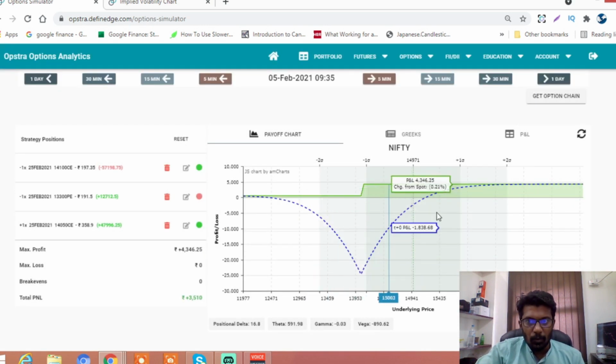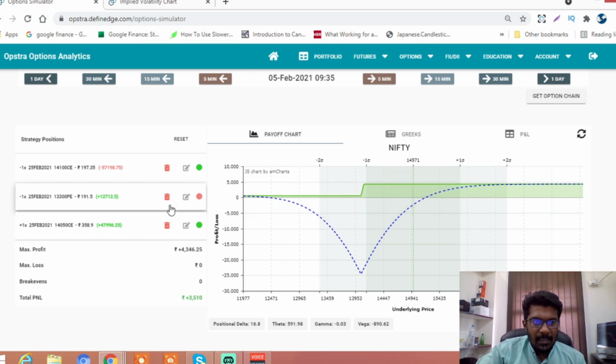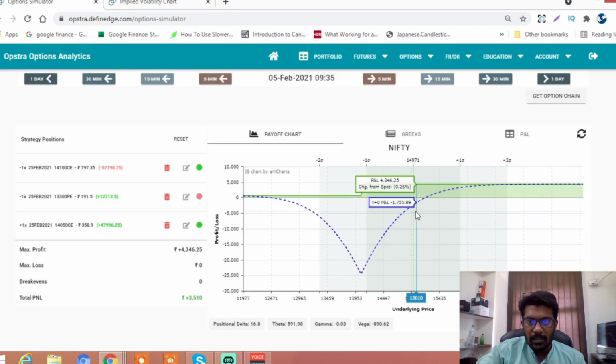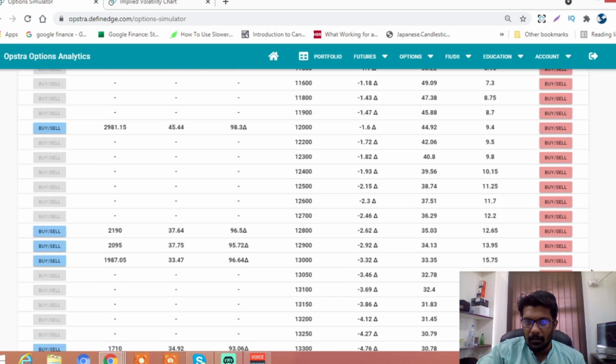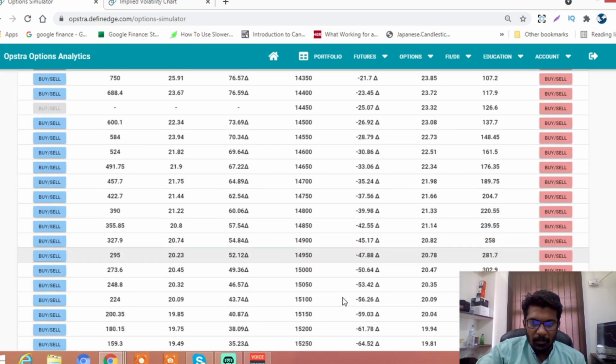Yeah, once I book profit, no matter where the market goes, you are going to be in profit. Even if the market comes down and crashes, you will be in profit. Not big profit, but a minor profit. So since I have booked the 13,300 put, and market is around 15,000, I am going to sell another put. Always remember, you have to sell 400 points away.